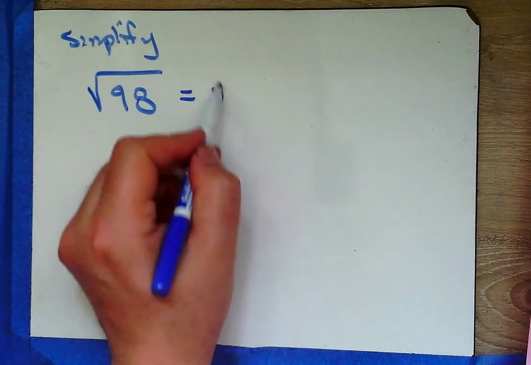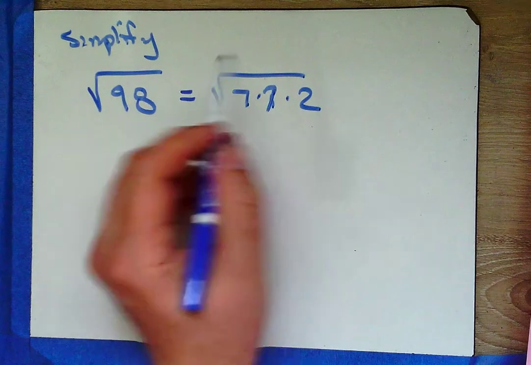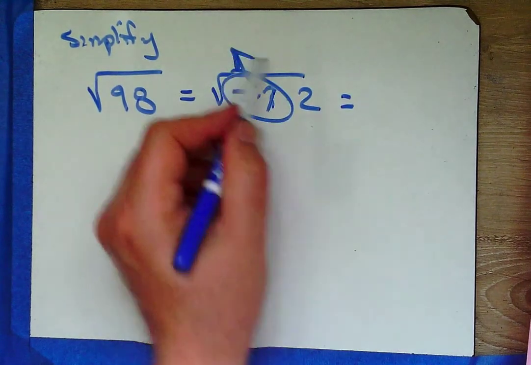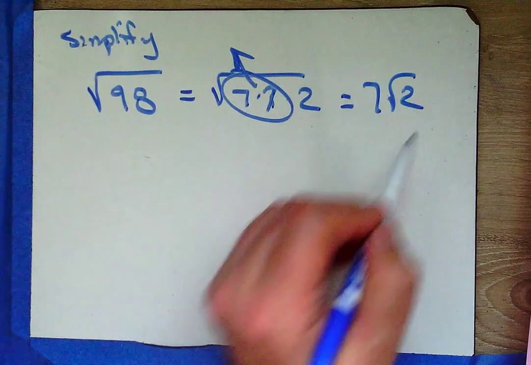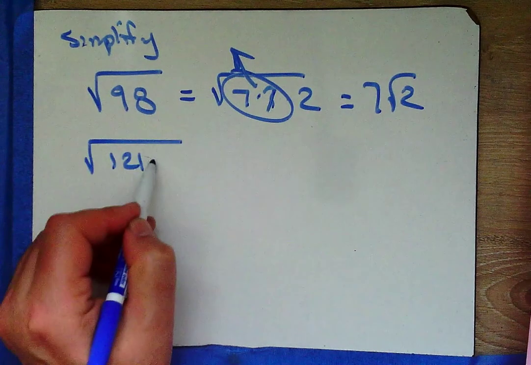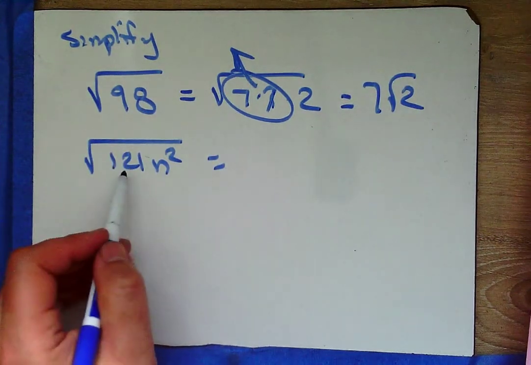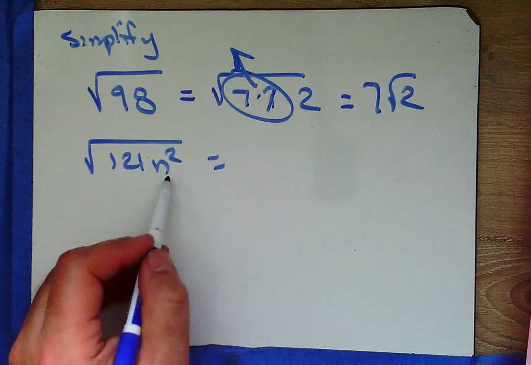So when you did the factor tree here, did you get 7 times 7 times 2? So we've got a pair of 7s that we can take out, and we have 7 root 2. How about square root 121 n squared? Well, that's a perfect square.